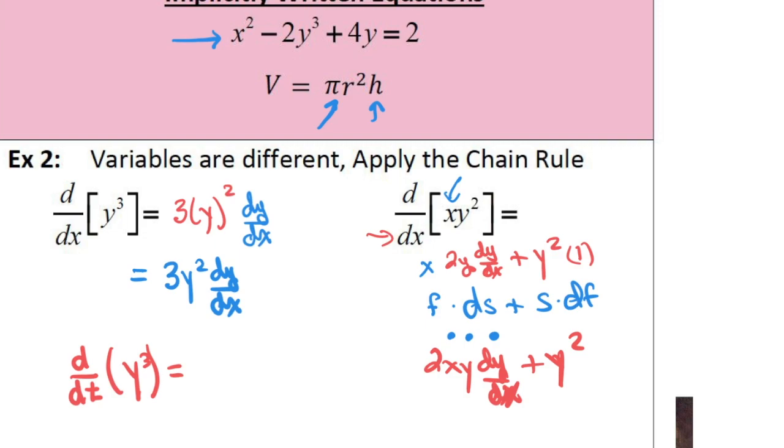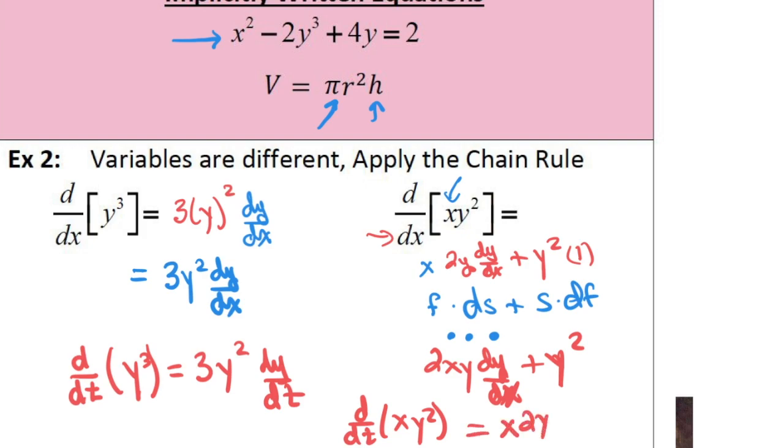So the derivative with respect to t would be 3y squared dy/dt. And if I were to find the derivative with respect to t of that product, we would come up with, first, derivative of the second, so that's 2y dy/dt, plus the second, which is y squared, times the derivative of the first, which becomes dx/dt.